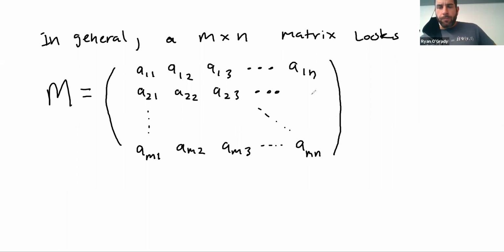So the first subscript is telling you what row you're in. The second subscript is telling you what column you're in.